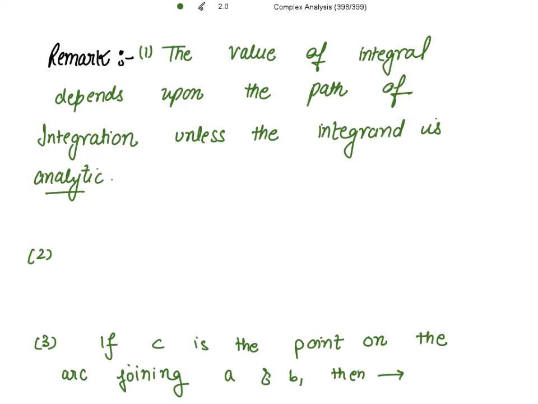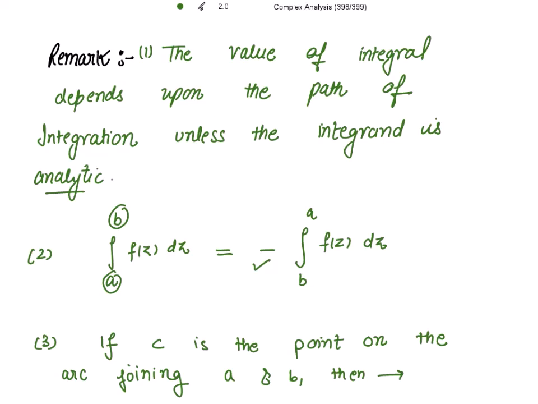The second remark is that the integration of f(z) dz from A to B is equal to the negative of the integration of f(z) dz from B to A. If we interchange these points, we get a negative sign.